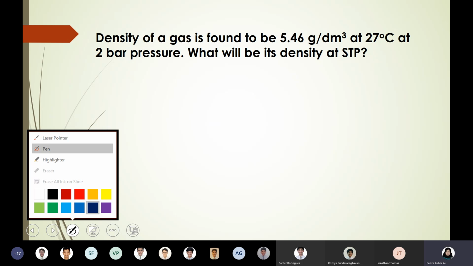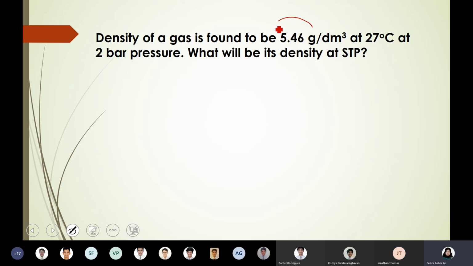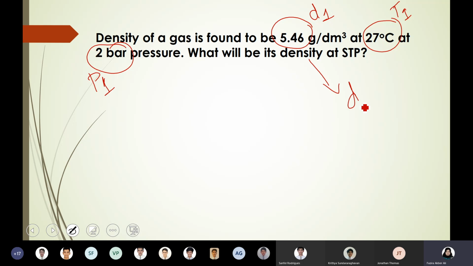So the first density is given, I'm taking it as D1. The temperature is 27, so T1. You have to convert into Kelvin, that is a different thing, but the first temperature of the system is given as 27. The pressure is given as 2 bar, again it is P1. You have to calculate D2.